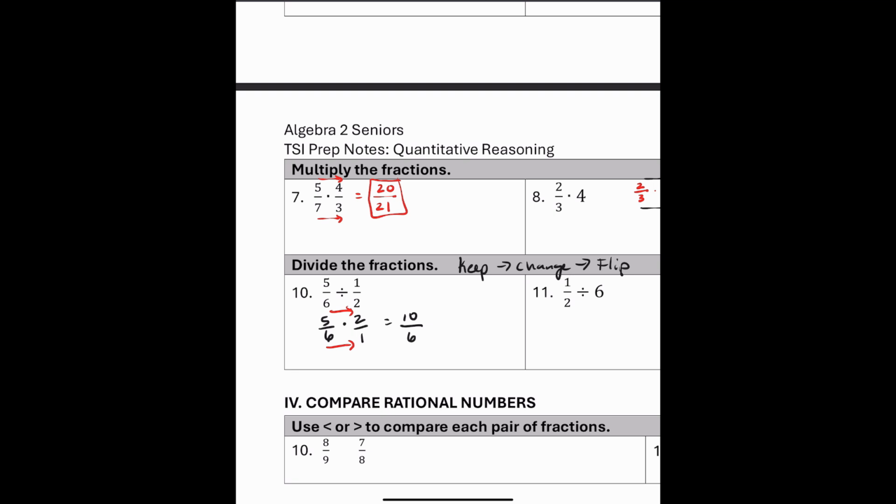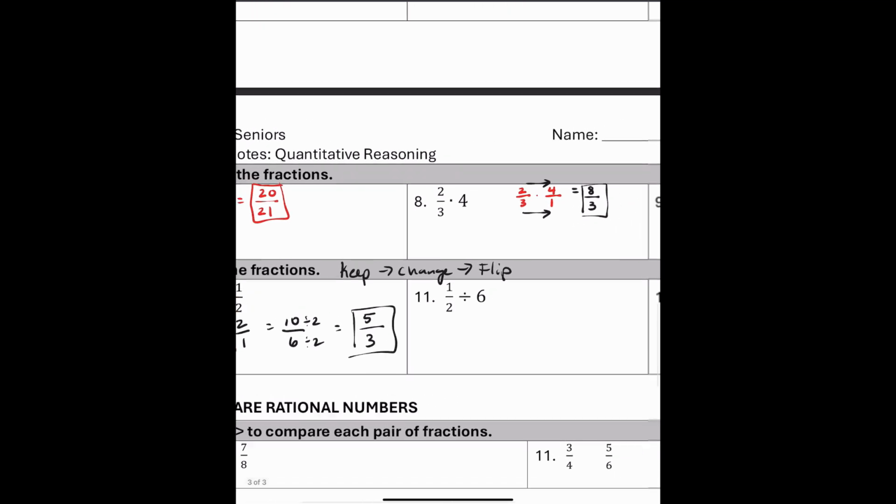Whoa, this is my improper fraction, right? That number in the numerator is larger than the number in the denominator. That's really cool to know, but that 10 over 6 can be reduced. So what is the largest number that goes into 10 and 6 at the same time? 2. So 10 divided by 2 is 5. 6 divided by 2 is 3. So 5/3 is the answer.